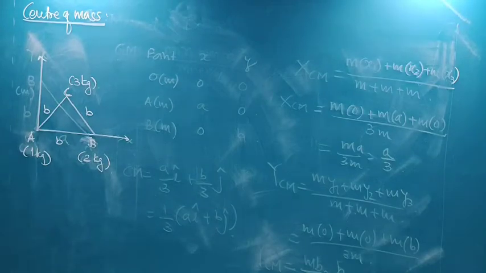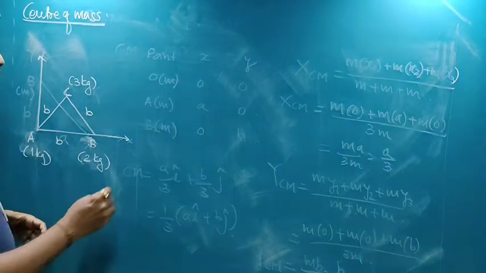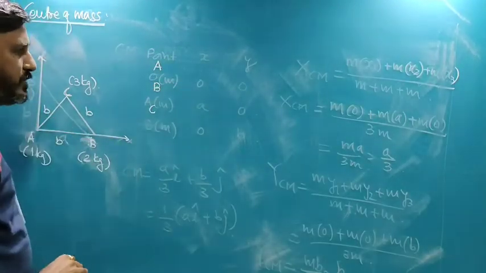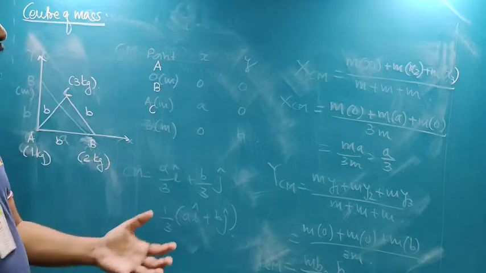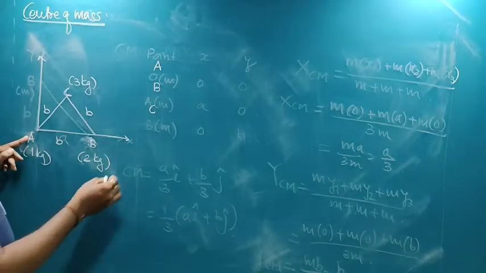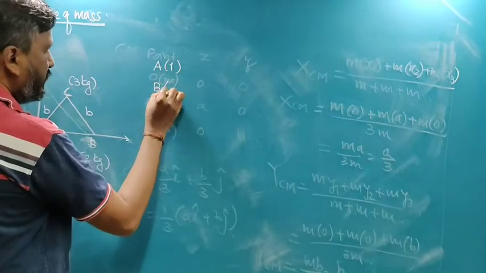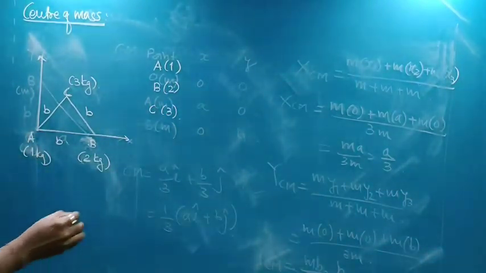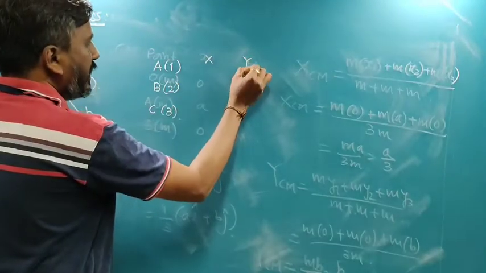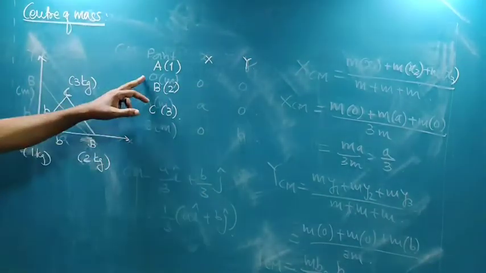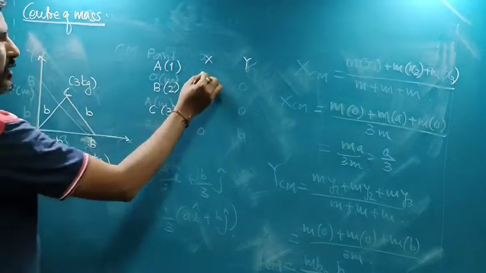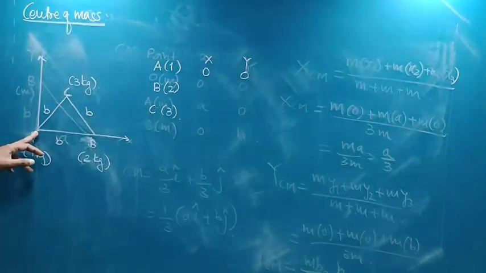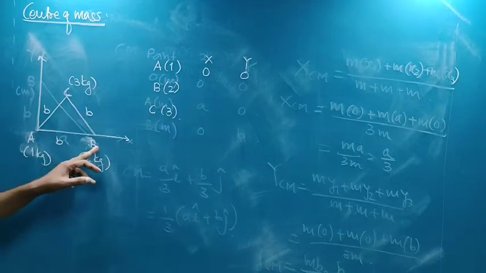So first of all, we have to write down the coordinates of the point A, then point B and the point C. A, its mass is how much? It is 1 kg. Mass of B is 2 kg. Mass of C is 3 kg. Its coordinates along the x-axis and the y-axis: the 1 kg mass is situated at 0 distance from the x-axis and from the y-axis.